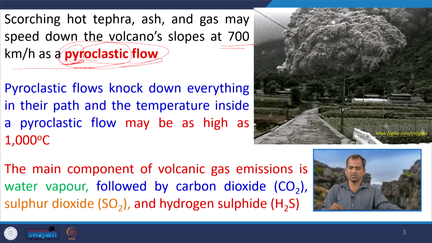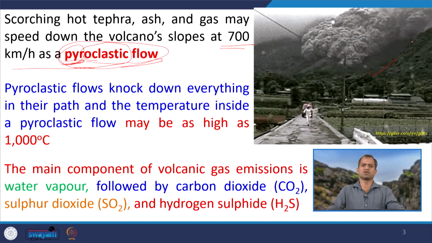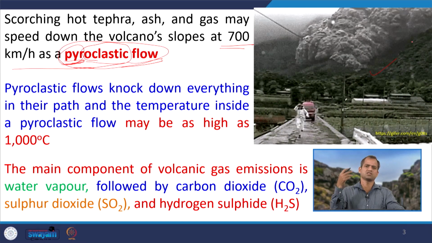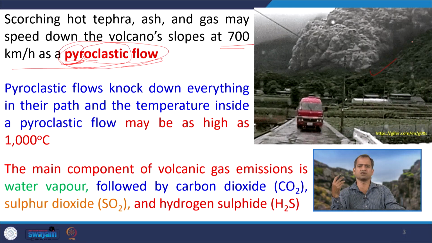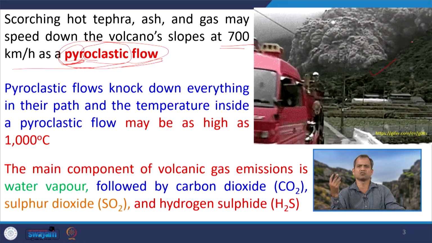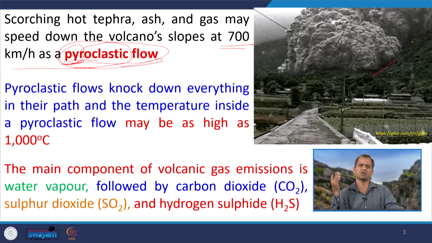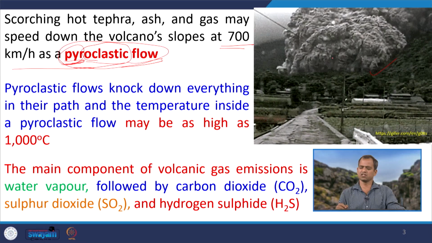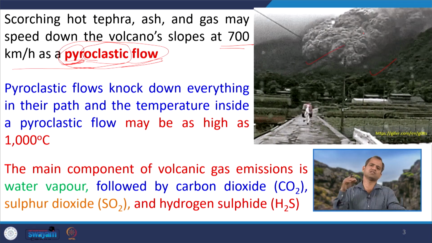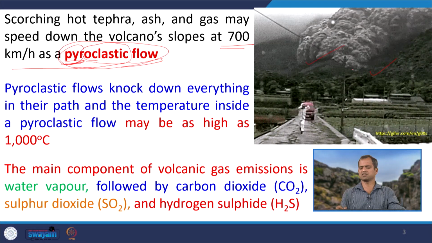If you see this video, you can imagine the ice avalanches we see on TV or YouTube in mountainous regions. It looks similar, however that is in a cold environment and this is in a hot environment.